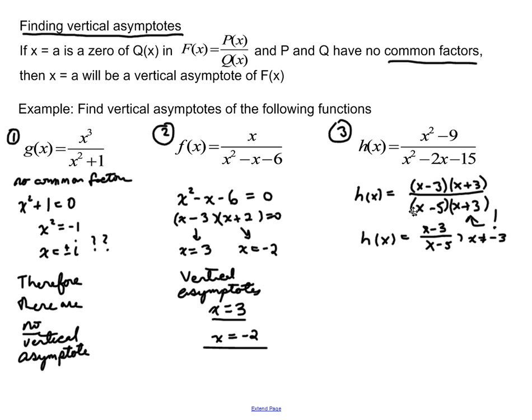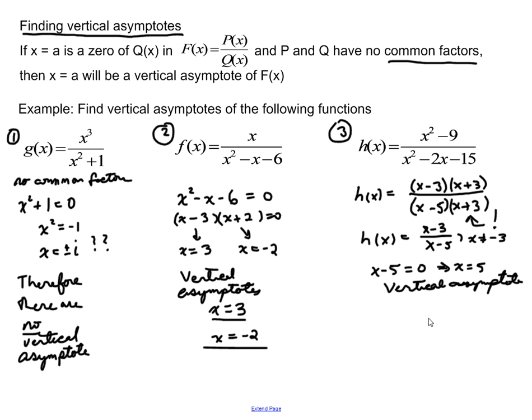It's only what the original function does. But the only number that's going to make a difference for our vertical asymptote is where the denominator of the reduced function, x minus 5, is equal to 0. That is going to be at x equals 5. So our vertical asymptote is the line x equals 5. That's the only one that we can find right here.